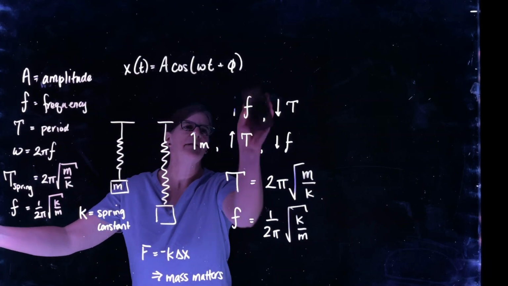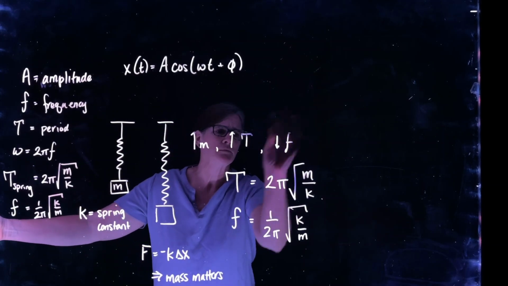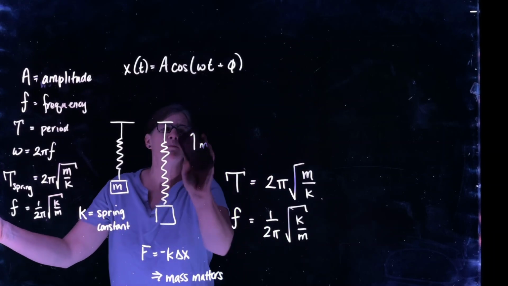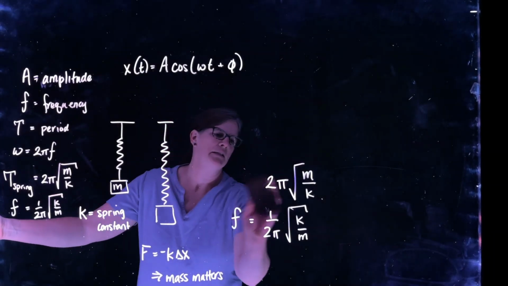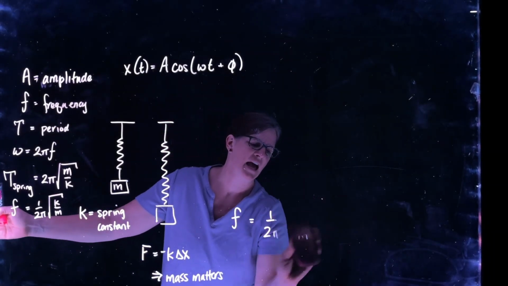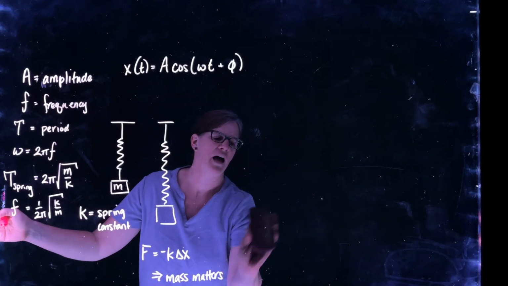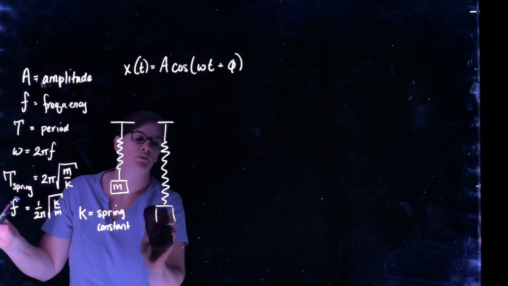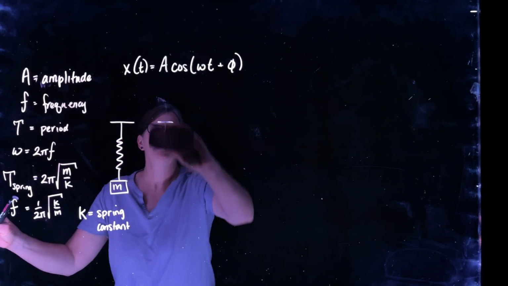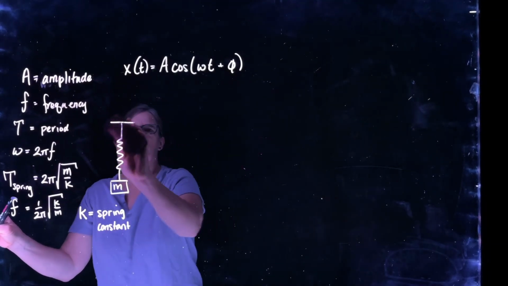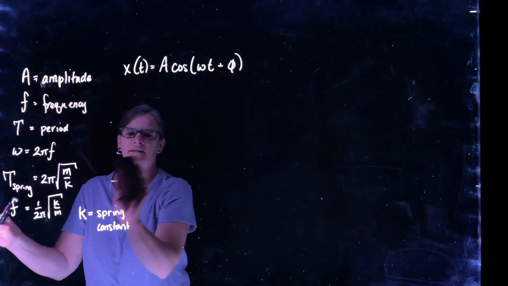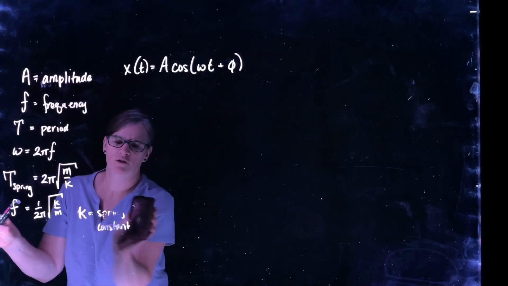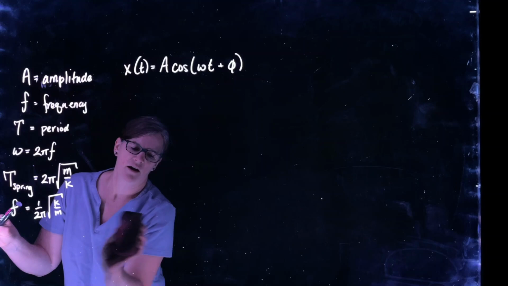I'm just going to erase this and leave that equation up there because we did show in the previous lecture that maximum velocity could be determined using the derivative of our position equation, just as all derivatives of the position equation give us our velocity.